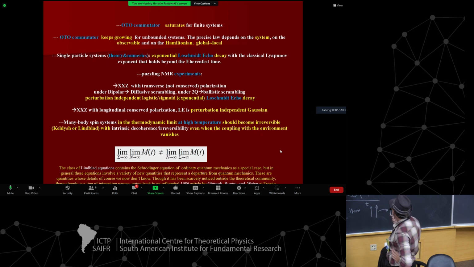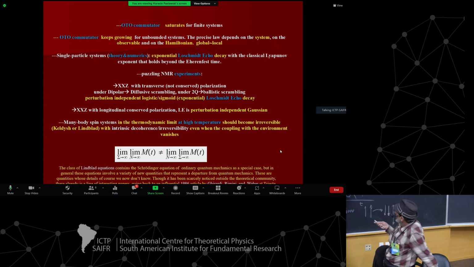Here is a phrase from Steven Weinberg. He said that the Lindblad equation contains the Schrödinger equation for ordinary quantum mechanics as a special case, but in general, this equation involves a variety of new quantities that represent a departure from quantum mechanics.